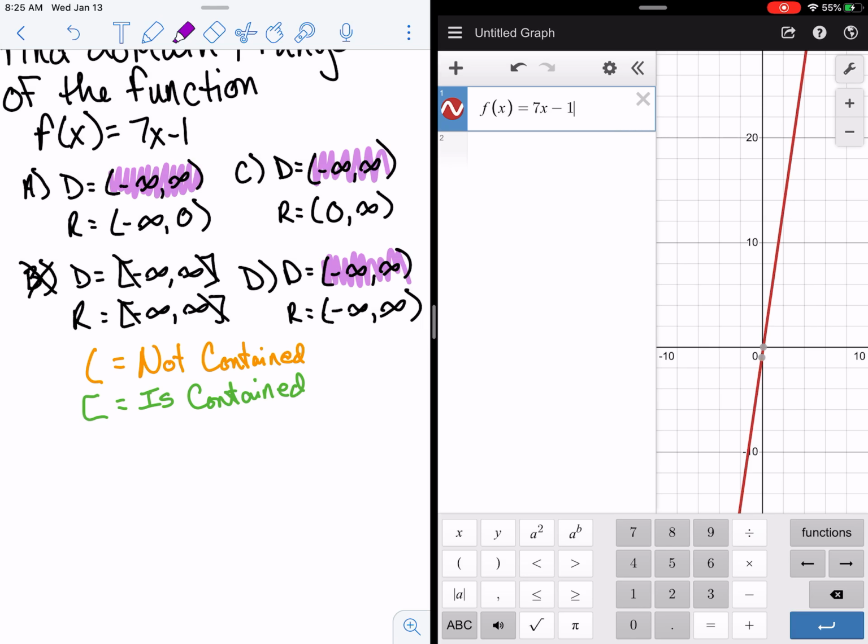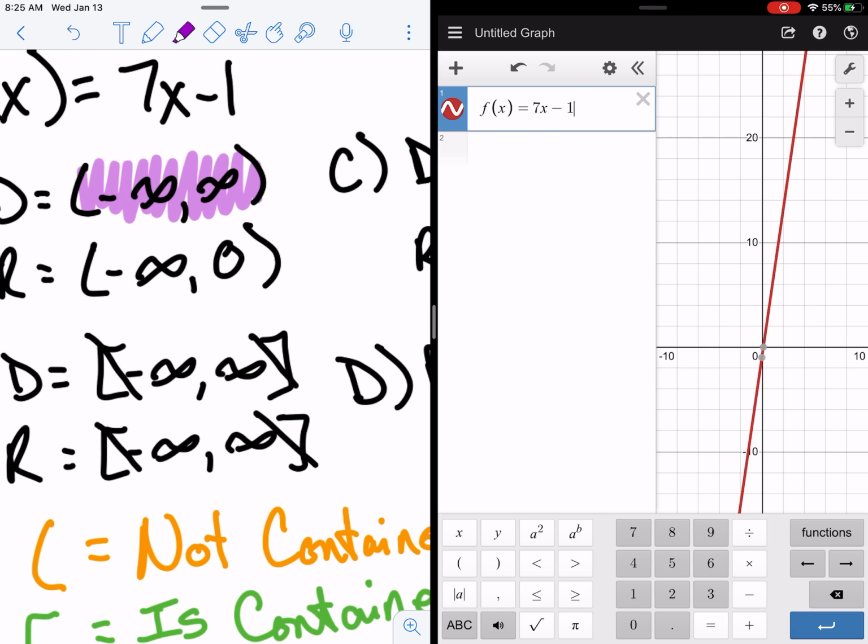So again, range. When I read the range of a function, I want to start with the smallest value. In answer choice A, it says the range goes to negative infinity. So the smallest value is negative infinity. I have this rule that I'll zoom out about 10 times. 1, 2, 3, 4, 5, 6, 7, 8, 9, 10. And what you see here is the graph is continually going smaller and smaller.